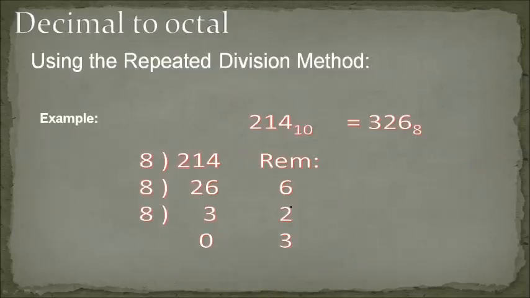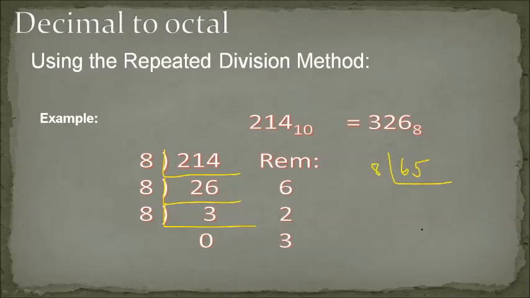So the next is decimal to octal. The same process here. You have to divide by 8 until you reach 0, though sometimes we may not reach 0. For example, if I take 65, I have to divide it by 8.